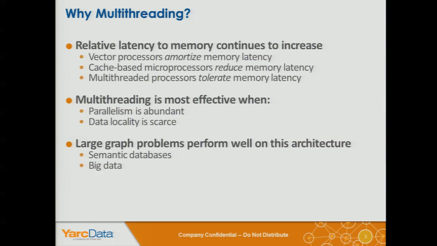The two most important things necessary to support multi-threading: when you're looking at an algorithm to see if it's a good match for the XMT, you want to be sure that parallelism is abundant and that data locality is scarce.